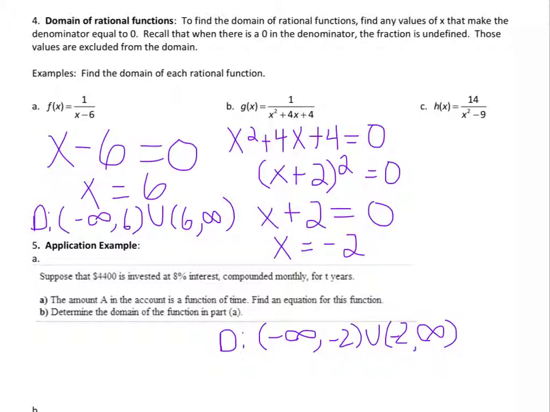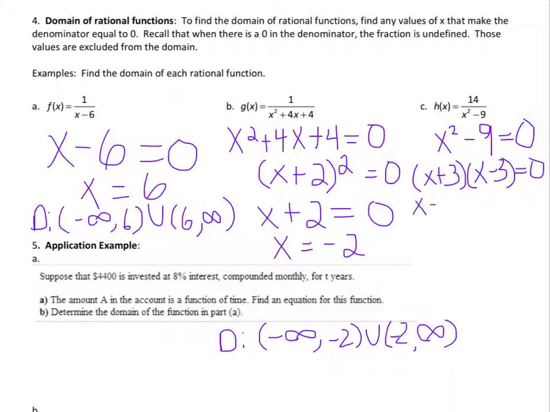Alright, and the last one, again, set the denominator equal to 0 to see if anything will make it be 0. Sometimes there's nothing that does. Again, this is a nice factorable one. It's x plus 3 times x minus 3 equals 0.